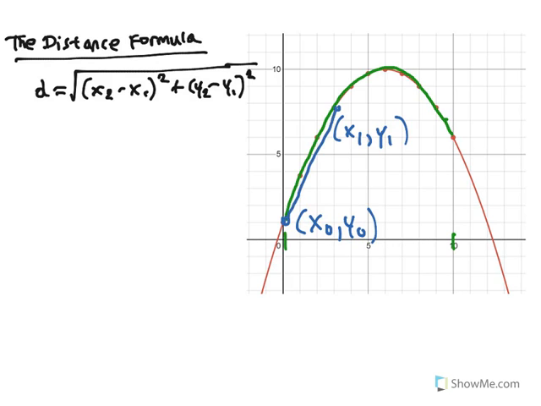And let's say we have another line segment from x sub 1, y sub 1 to x sub 2, y sub 2. And let's say we have a third line segment from x sub 2, y sub 2 to x sub 3, y sub 3. So we have 3 line segments.